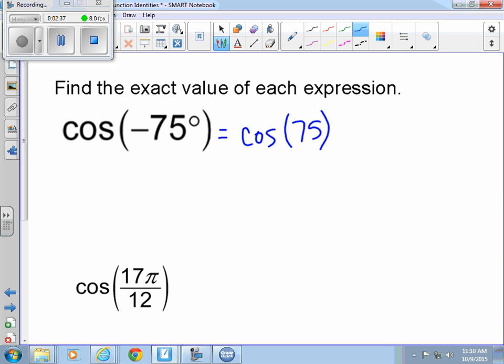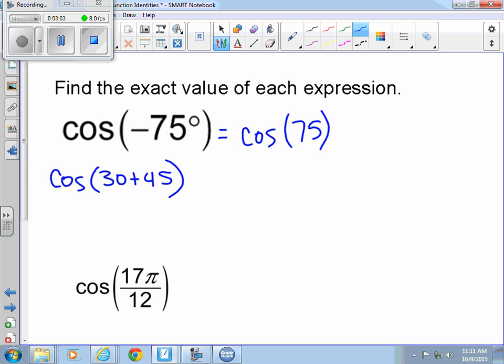So I want to use the cosine sum identity. So I want to think of two angles that I know that are on the unit circle that add to give me 75. 30 and 45. Okay? So I could write this as cosine of 30 plus 45. Okay?